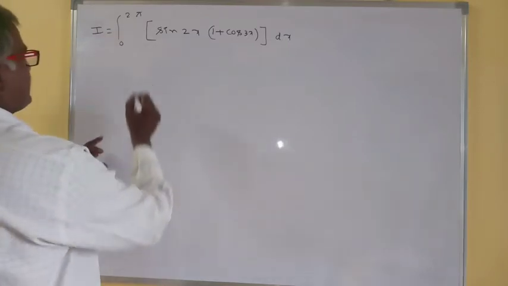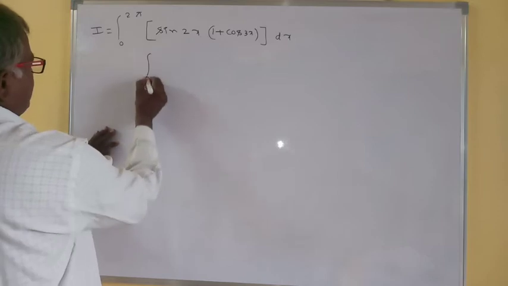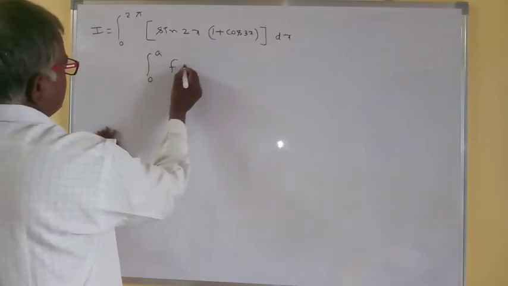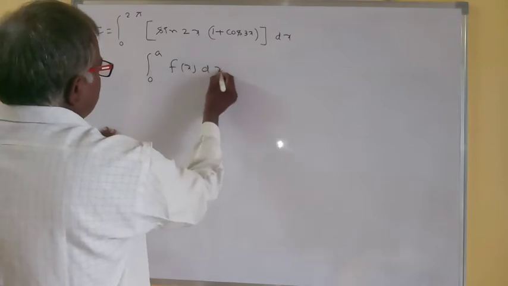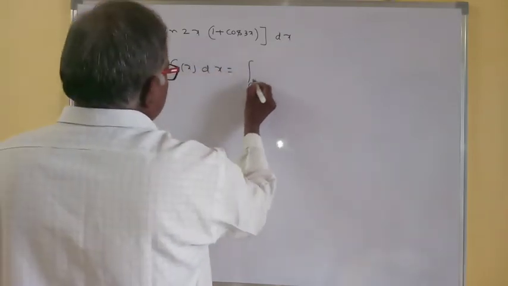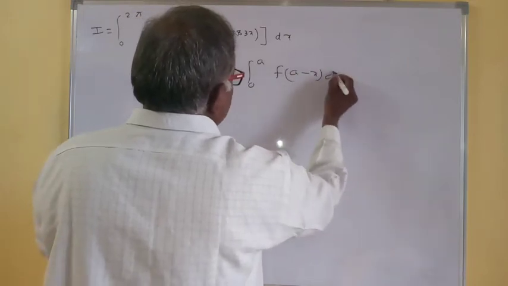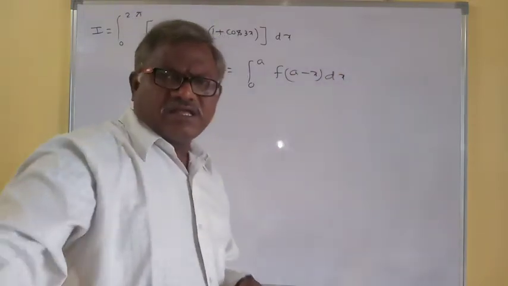Now suppose I use this property: the integral from 0 to a of f of x dx equals the integral from 0 to a of f of a minus x dx.